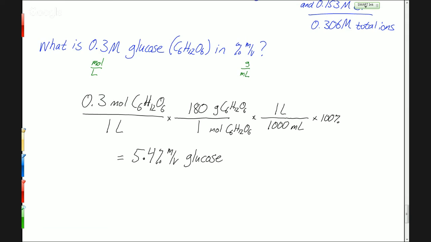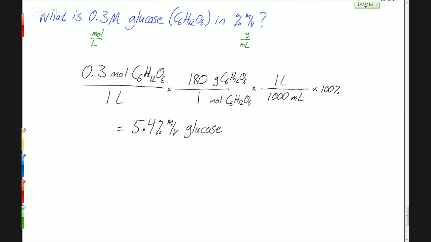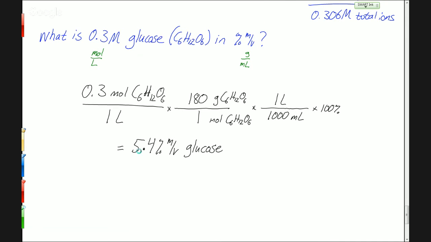As we said last time, the percent measured solutions are much easier to deal with, like in a preparation setting. You know how much you need to weigh out to do it. But molarity can be more useful from a reaction standpoint, of like how much you need for your reaction, or from when we're talking about things like isotonic versus hypo or hypertonic. So we'll want to be able to deal with both of those.